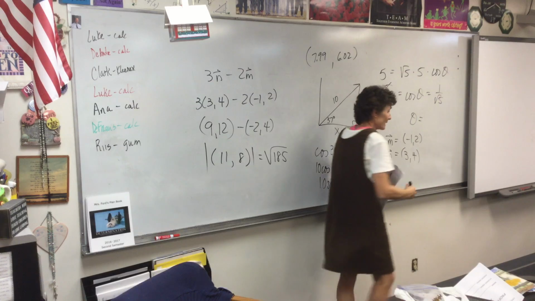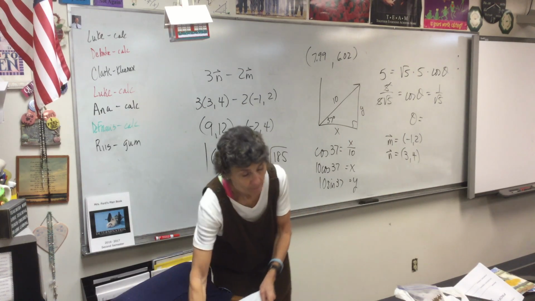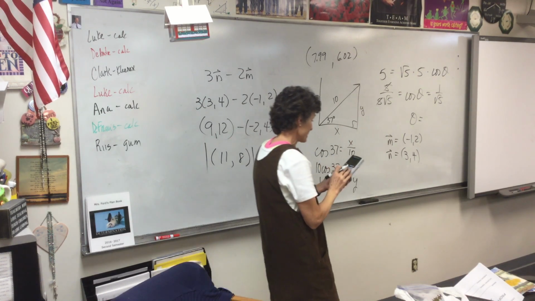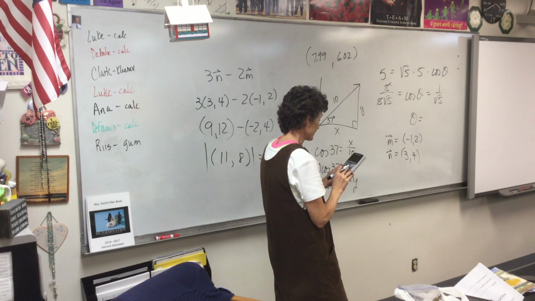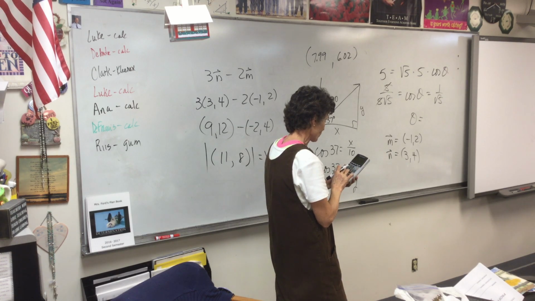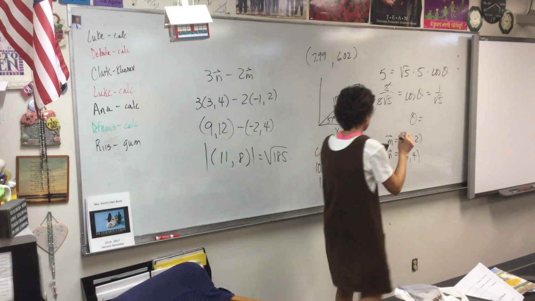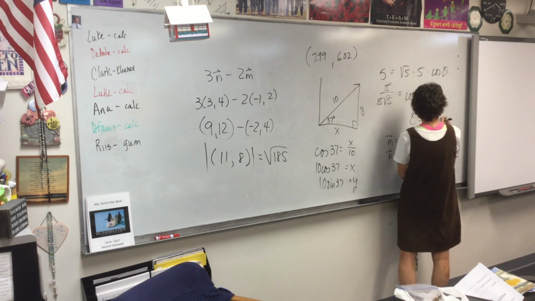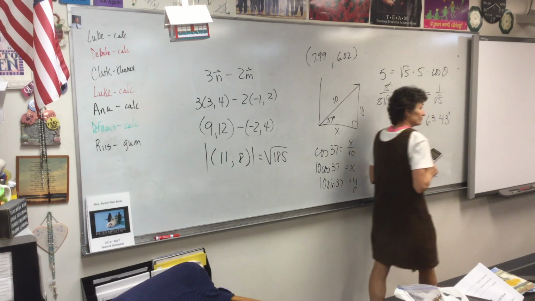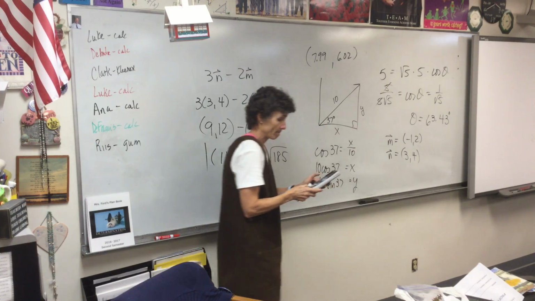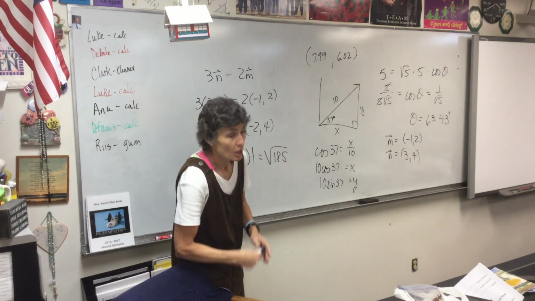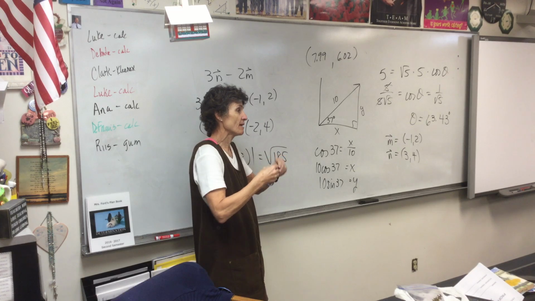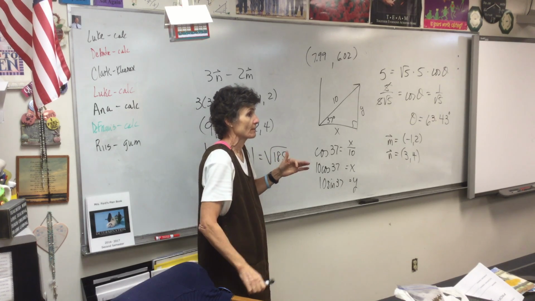So I can go to my calculator, and second cosine, 1 divided by the square root of 5. I got 63.43 degrees. So what does it take to find the angle between two vectors?